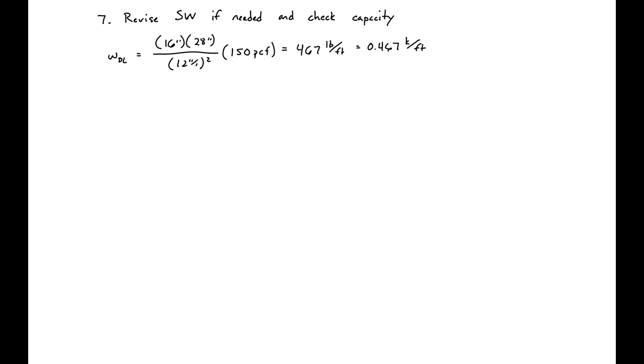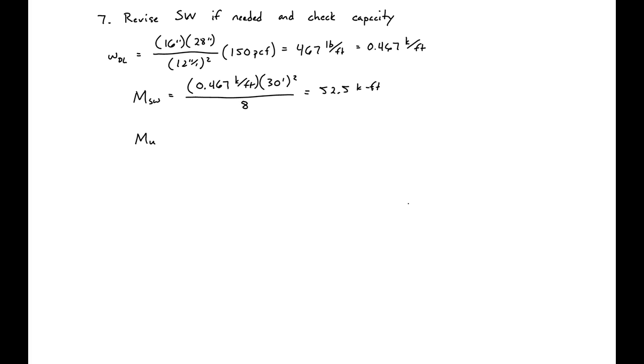We will then use this new distributed load to find our new self-weight moment. So our W, 0.467 kips per foot, times our L, 30 foot squared, divided by 8, will give us 52.5 kip feet.